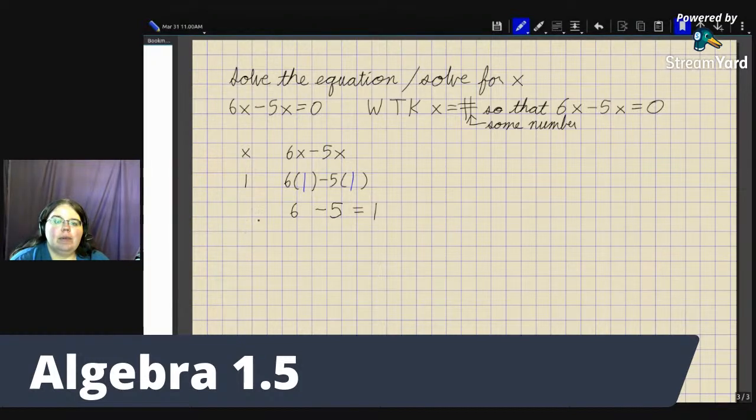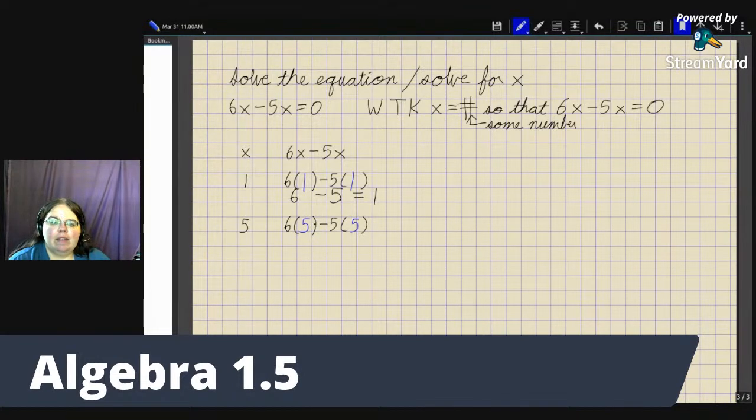Let's try another number. So what if we try 5? This time, instead of plugging in a 1, we would plug in a 5 everywhere there had been an x.